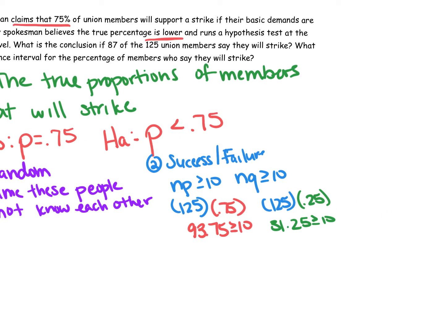And the third condition I want to test is the independence condition, also known as the 10% rule.